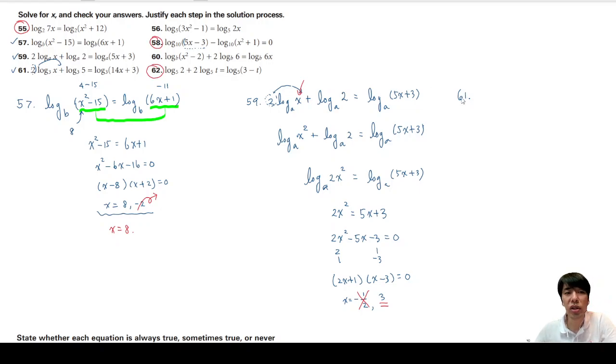So you end up with what? 5x squared. On the right hand side, I just took out the log with base 3 right away because I have the same log on the right hand side. So this 5x squared must be equal to 14x plus 3.